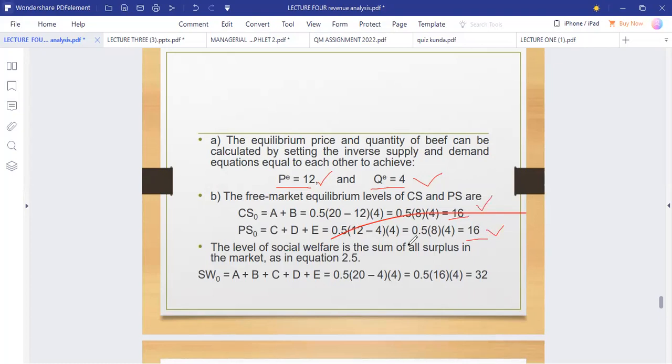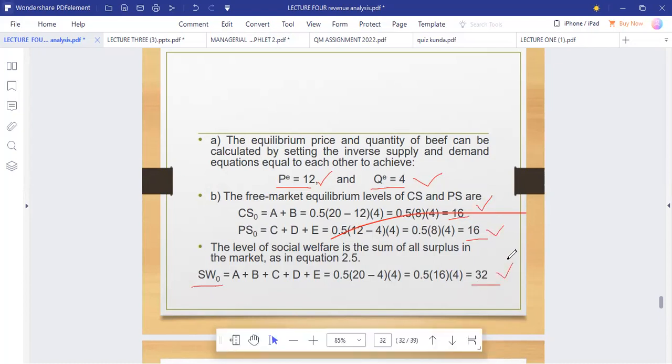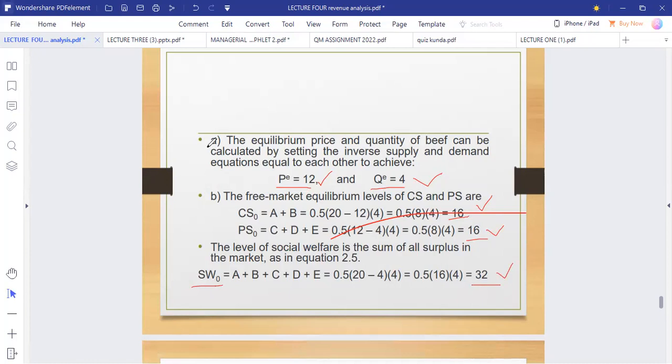And the social welfare as 32. Is that what we got? Yes. So take note, you're able to answer these even without the graph, but the graph simply simplifies your understanding. If you're going to take this, you would still get the full marks. Obviously, I encourage you to do graphs. Economics is about graphs, right?